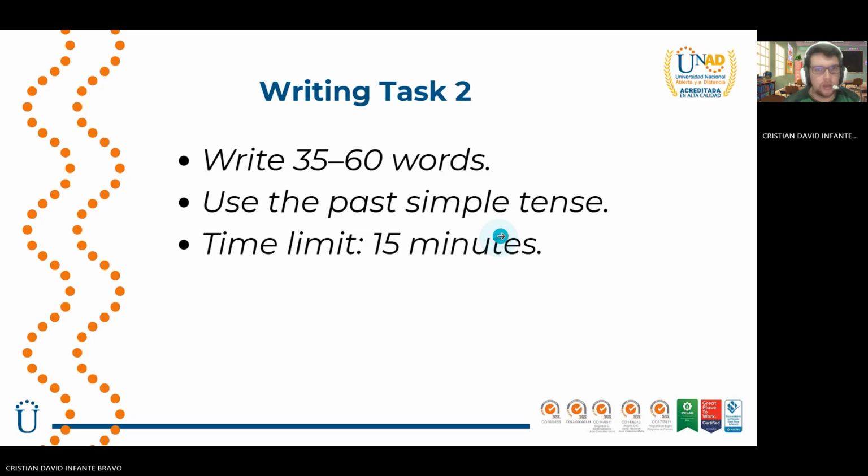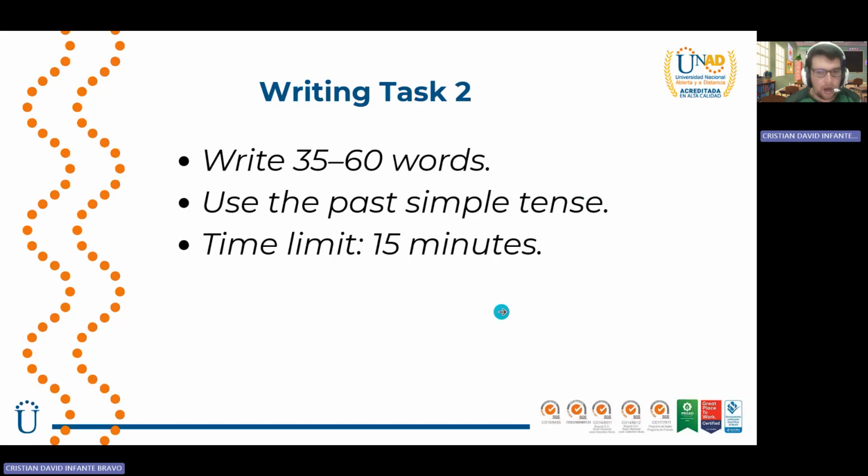Now in this second activity, students must write and create a story of about 35 to 60 words. Use the past simple tense. The time limit is 50 minutes when they are going to write this story.